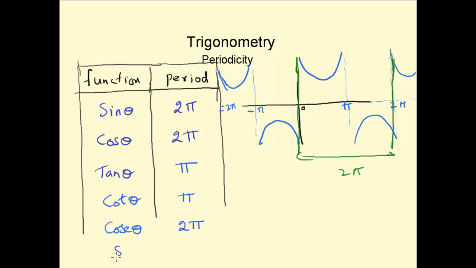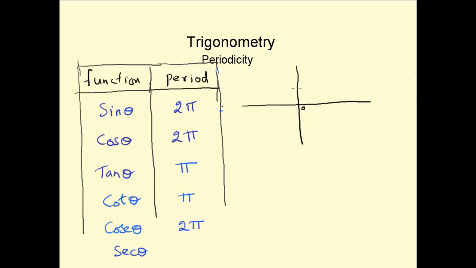Now let's see what is the period for secant theta. The graph for secant theta is also like cosecant theta with the cups, but it starts at a different point, like this. And if you draw the asymptotes, it goes again like this. If you draw here, it goes like this. You draw here, it comes like this.